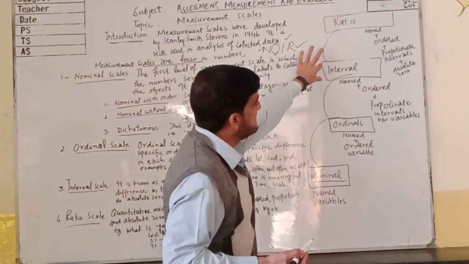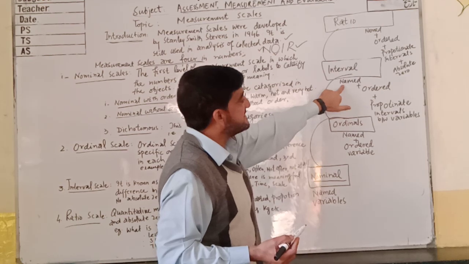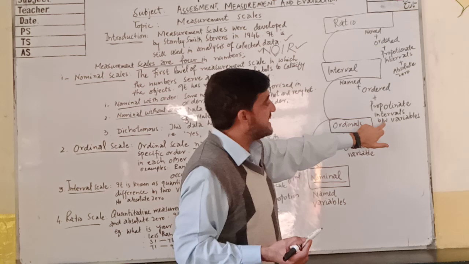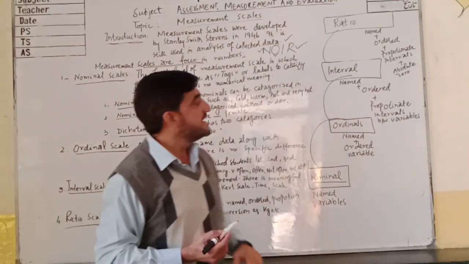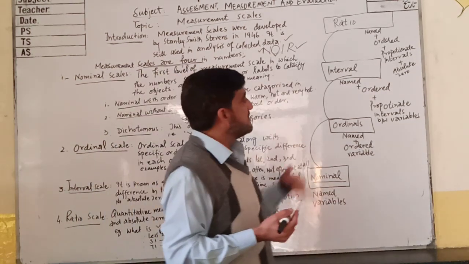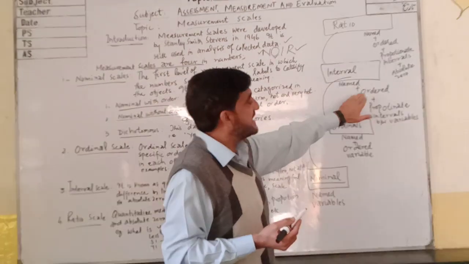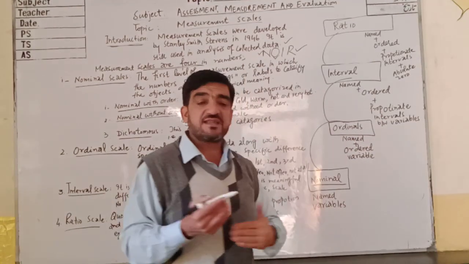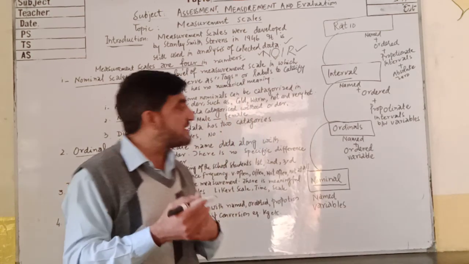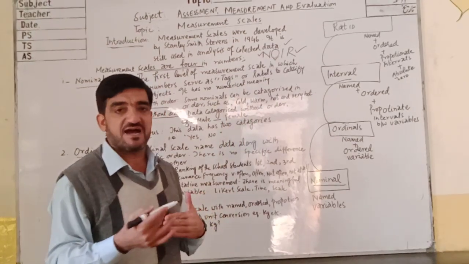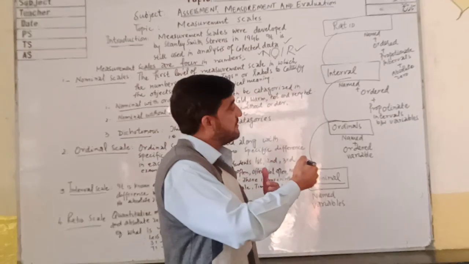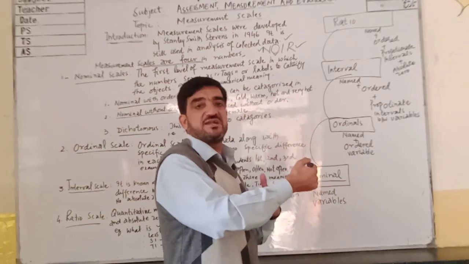Then there is the interval scale. The interval scale consists of named, ordered, plus proportionate intervals between variables. In the interval scale, the data is compiled by giving the names, by giving the order, and there is a marked difference. For example, if we go for the analysis of the data, there is a proper difference of variables between 10 and 20.